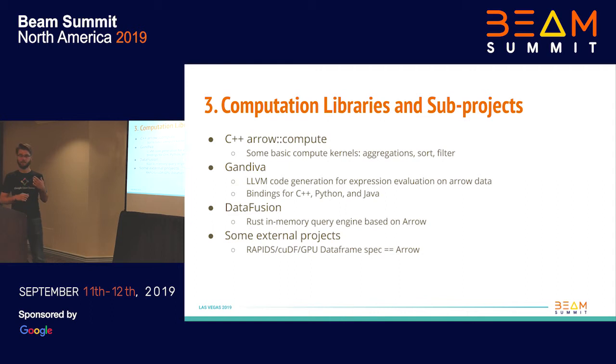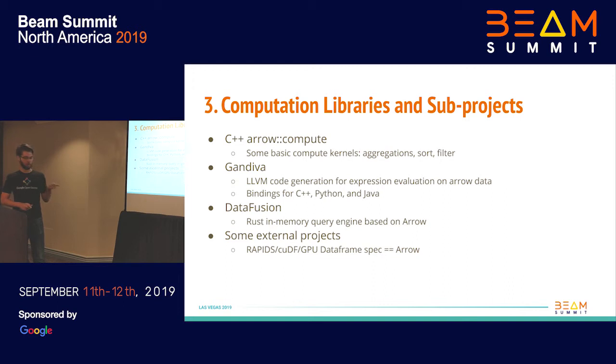It has a compute library with some basic computation kernels, so it can do some aggregations, sorting and filtering. That's still in progress, and they're still adding a lot more capabilities there. There are also plans to add some data frame functionality to C++. If you're familiar with the Python Pandas library, you can start to do things like that from C++, and they'll have bindings in Python, I'm sure.